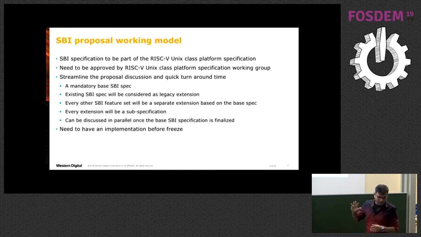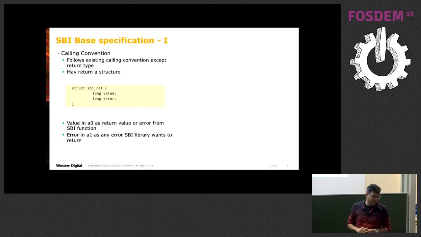So let's take a look at what is being proposed as the base specification. Calling convention: whatever calling convention exists today also kind of works. The only thing, I think, suggested by Ron a couple of months ago, is that we can have a return value with a structure, which gives you the flexibility to distinguish between whatever the SBI function returns and what the SBI library wants to return.